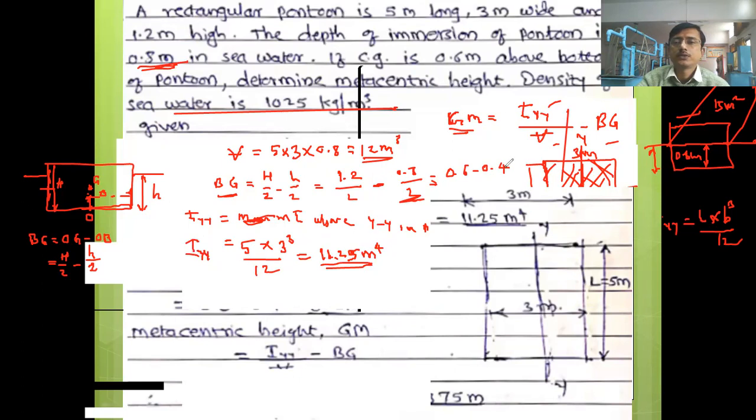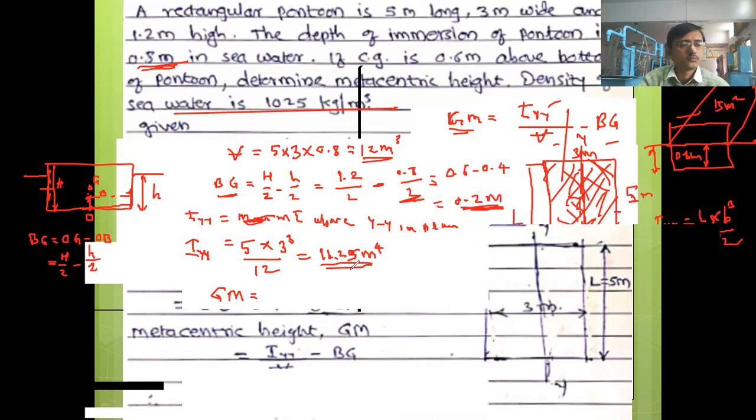Now put these values in this formula. You will get directly the value of metacentric height. What is the metacentric height here? So IYY has come 11.25 divided by the volume of water displaced.